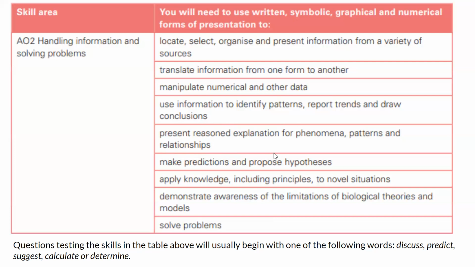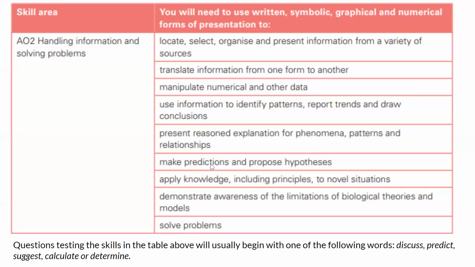So a graph with some increasing or decreasing trend will be shown, and they will ask you, why is this happening? Give your biological explanation. Why is such a trend being seen? So then you have to use your knowledge and understanding and present this in the form of an explanation based on whatever you're seeing on the graph.